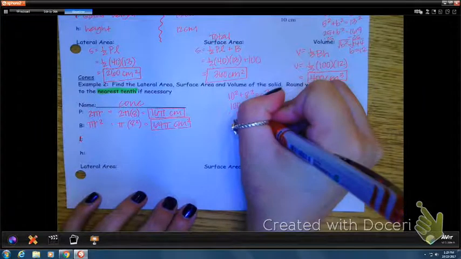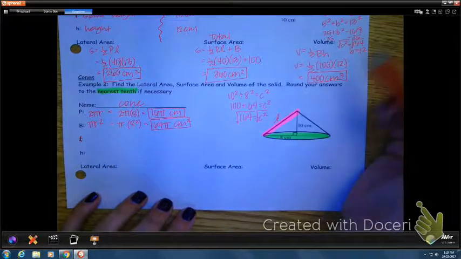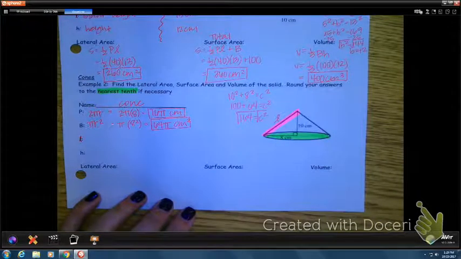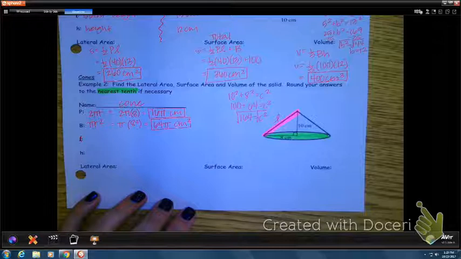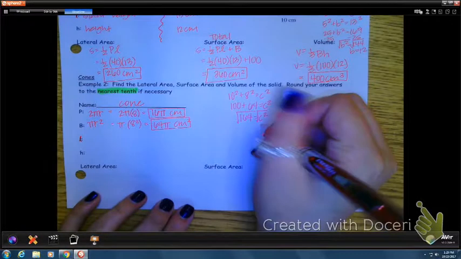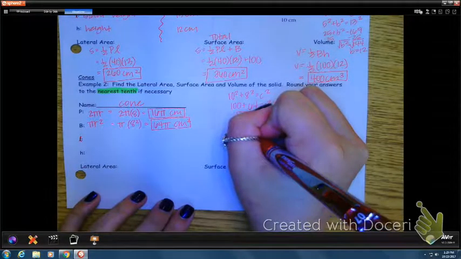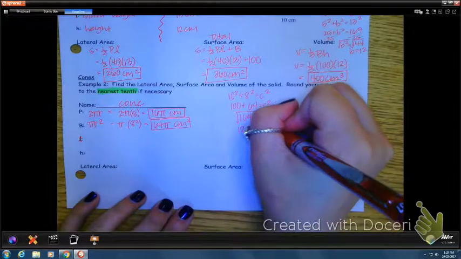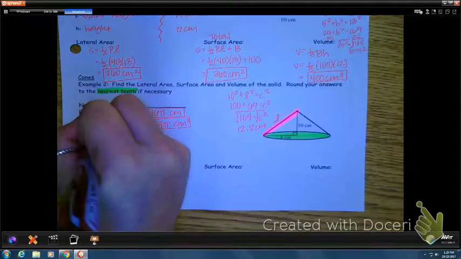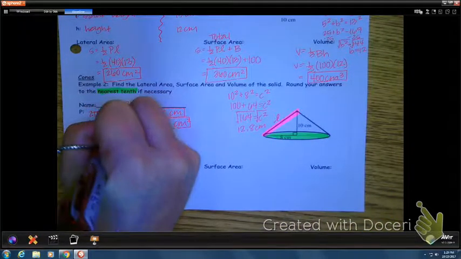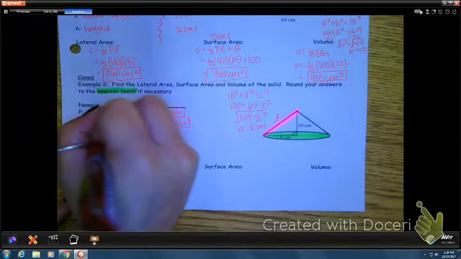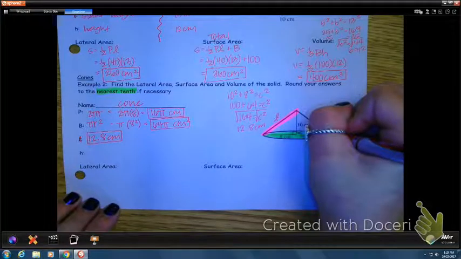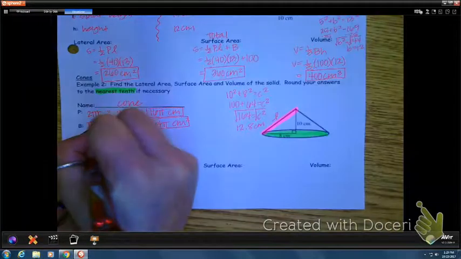Square root. So type in your calculator the square root of 164, round to the nearest tenth, and you should get 12.8 centimeters. And your height is already given to you. The height of your cone is 10 centimeters.